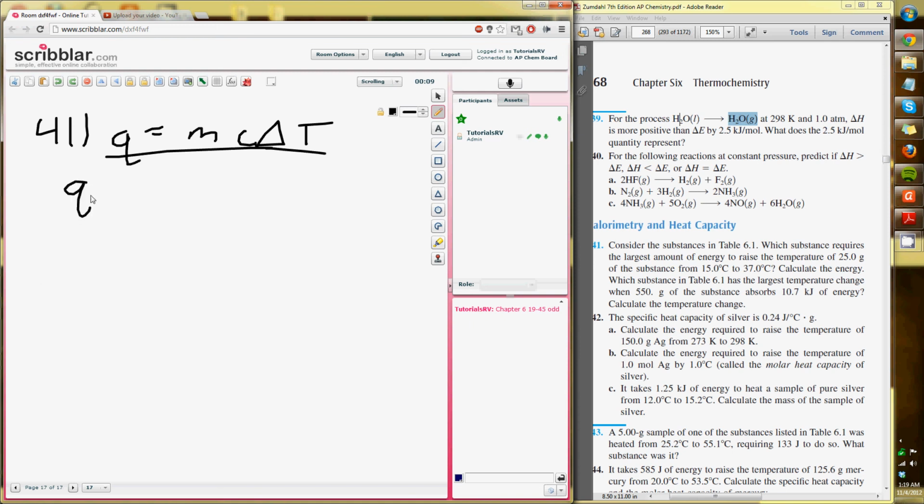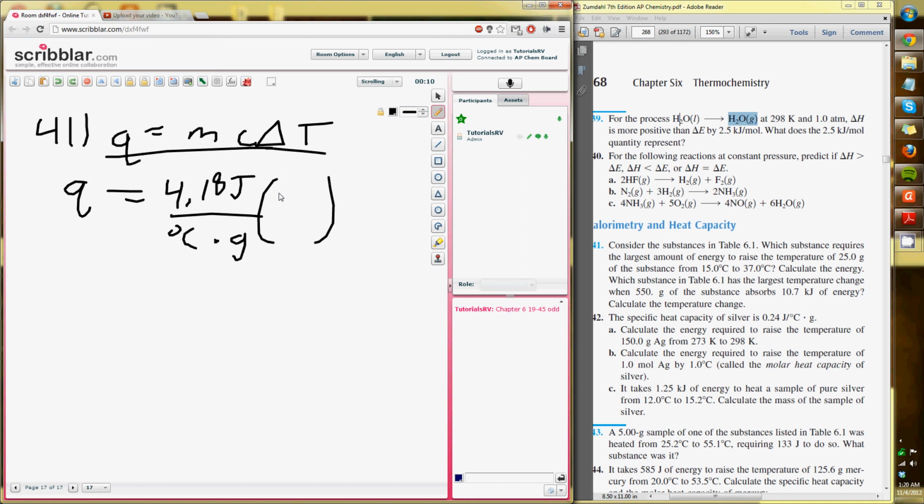So heat energy Q is equal to specific heat times mass times delta T. You're trying to find the largest amount for Q. So look at the table at 6.1. The highest one there is 4.18 joules over degrees Celsius times grams. Is that it? Let me check. Yeah, it's that.